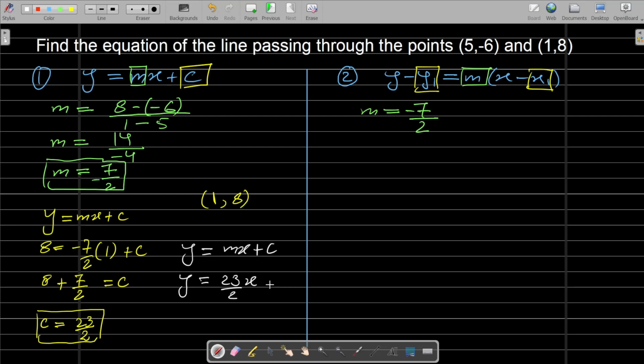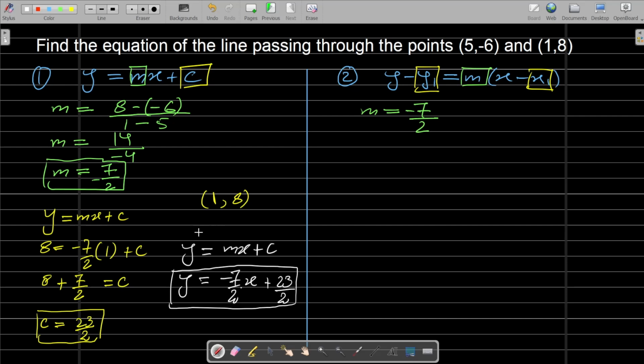And the value of c is basically 23 by 2. Oh, sorry, there is one mistake. M is not 23 by 2, it is negative 7 by 2. So this is the equation of the line.